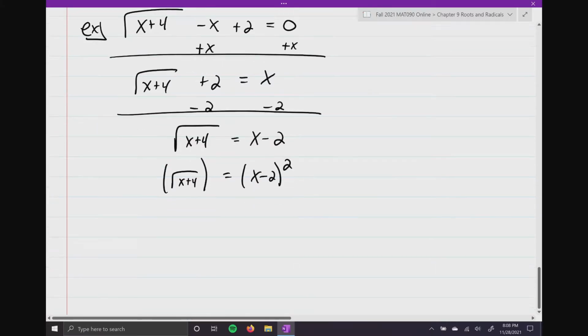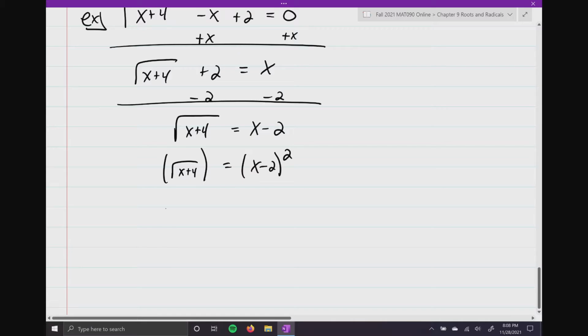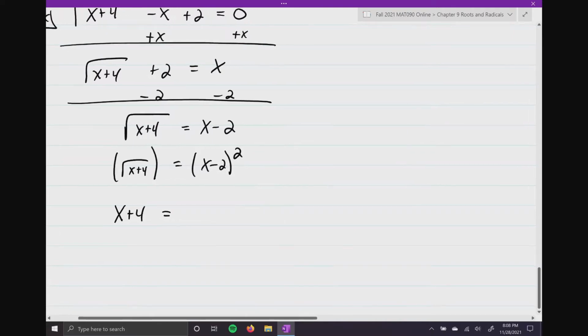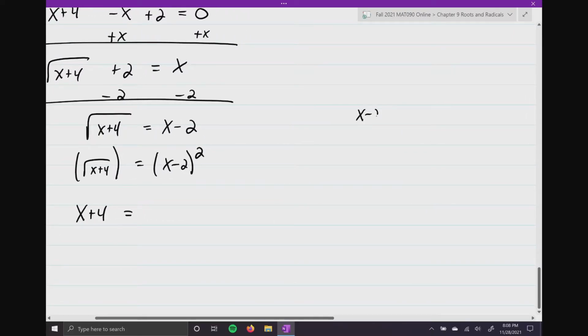Okay. On the left-hand side, that's easy. We get x plus 4. On the right-hand side, that's the toughie. So x minus 2 times the quantity x minus 2 is going to equal x squared, sorry, moving too fast, minus 2x plus 4.